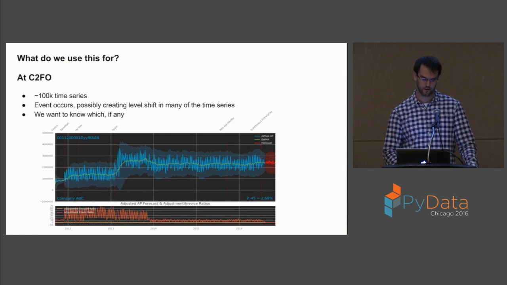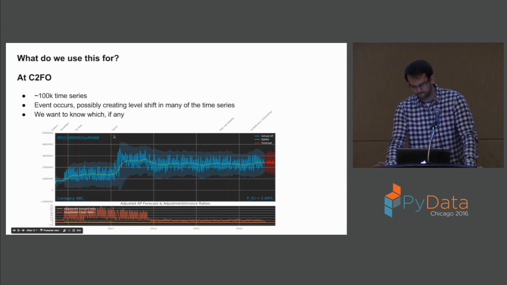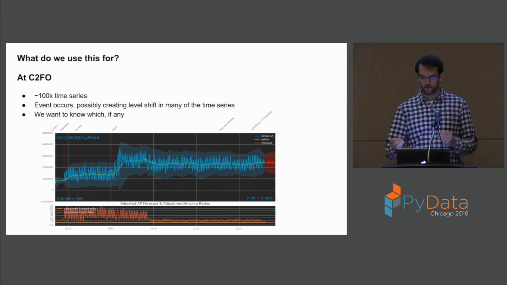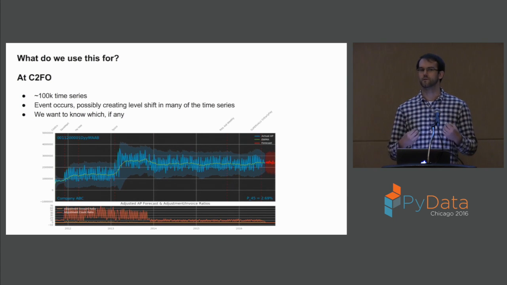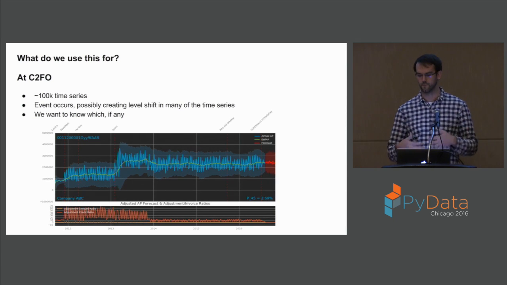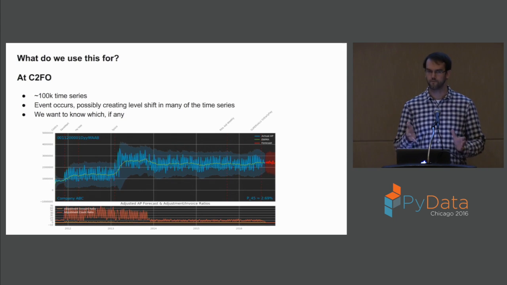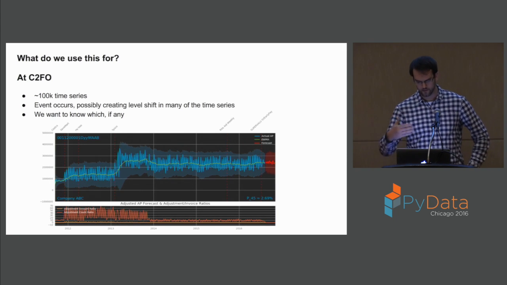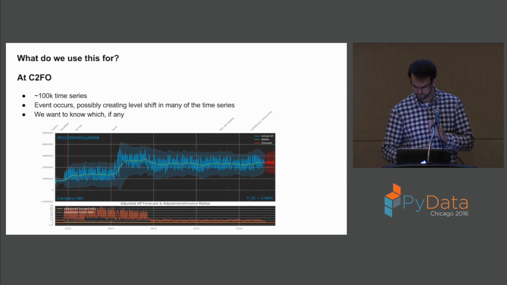This buyer coming into our system happened here. We can know beforehand which companies do business with which buyers that come into our system, but we don't know exactly how it's going to affect the time series until it happens, so we really want some way of evaluating that. So that's how we use it at C2FO.